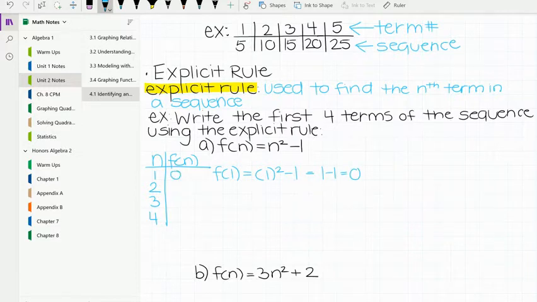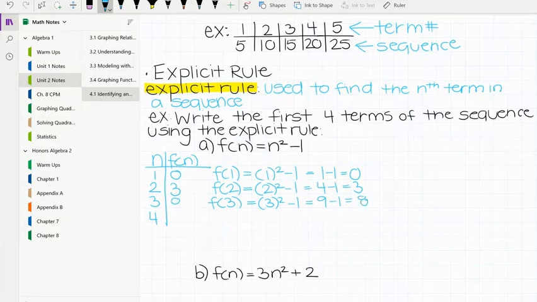And then we're going to do that again. F of 2 equals n squared minus 1, so 2 squared minus 1, which is 4 minus 1, which is 3. F of 3 equals 3 squared minus 1, which is 9 minus 1, which is 8.